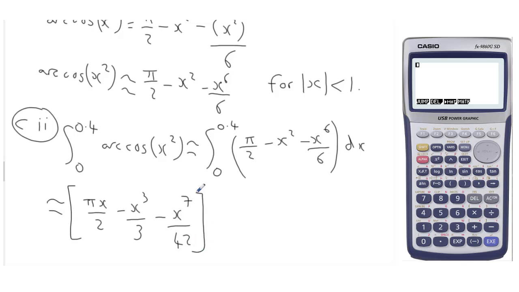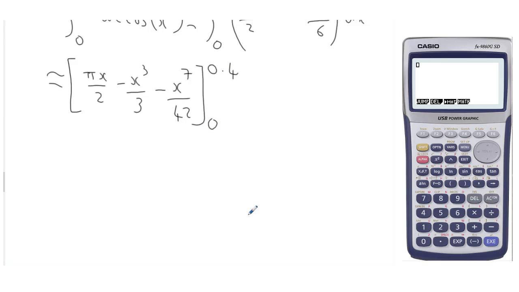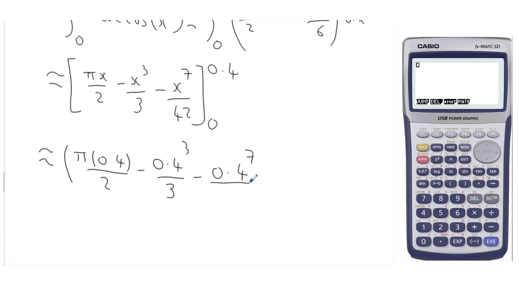And that needs to be evaluated at 0.4 and 0, which again is very friendly because when we put 0 in, it's just going to produce a 0. So now this is just going to be pi times 0.4 over 2, or even pi times 0.2, minus 0.4 cubed over 3 minus 0.4 to the 7 over 42.